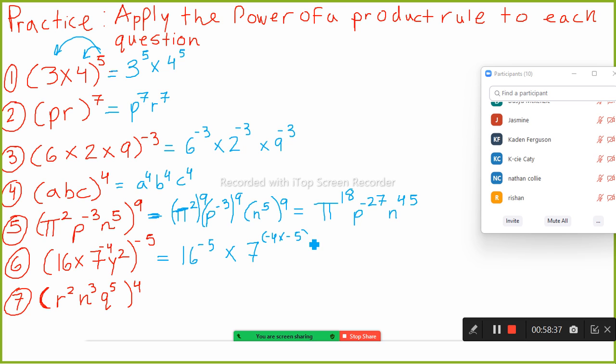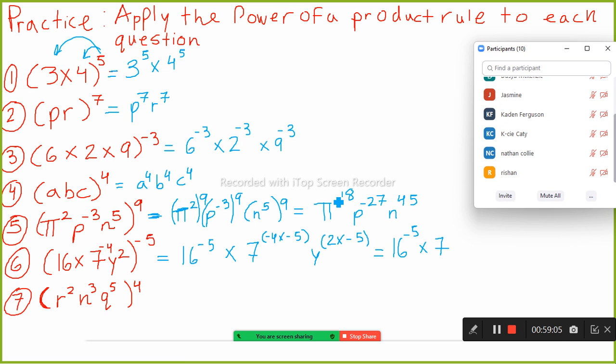And then times y to the power of -10, because 2 times -5 is -10. Very good. 16 to the power of -5 times 7 to the power of 4 times 5 is 20, y to the power of 2 times -5 is -10.